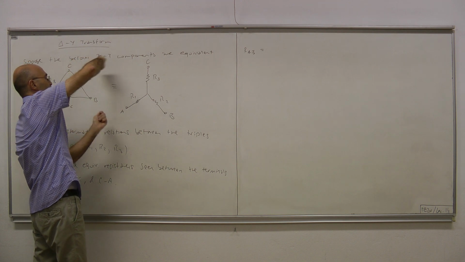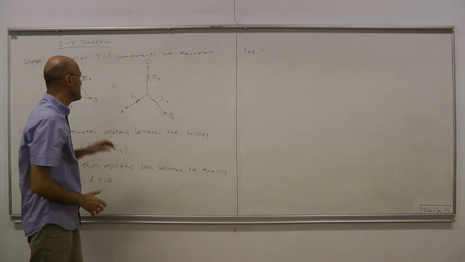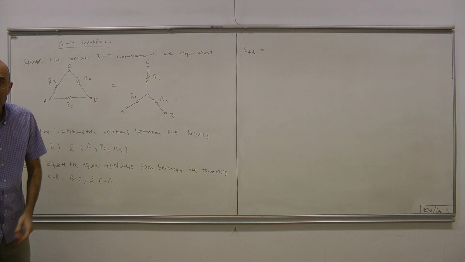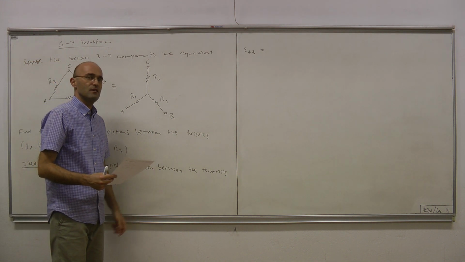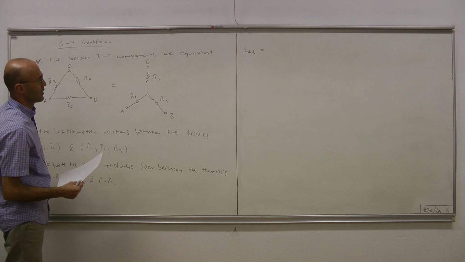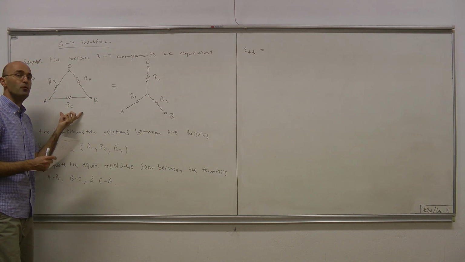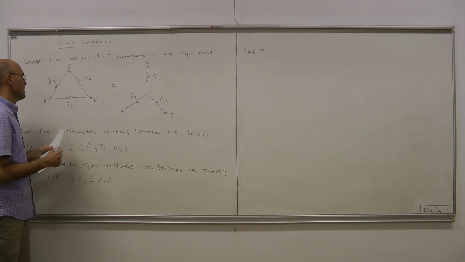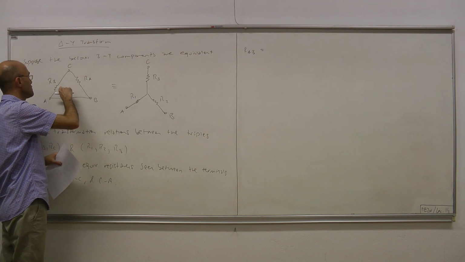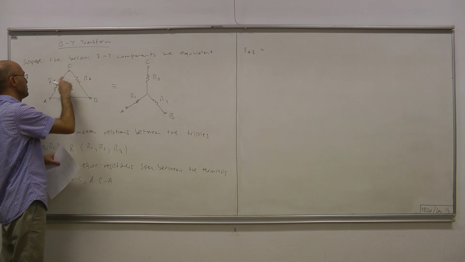Likewise, if I do the same thing to the remaining pairs of terminals, I should always read the same number here and here. And that sameness will give us the answer, namely the transformation that we're looking for. Now, RAB: what's the resistance read from the pair of terminals A and B? So we have here RC. Since nothing is connected to C, this resistor and this resistor are in series, so that's RA plus RB.